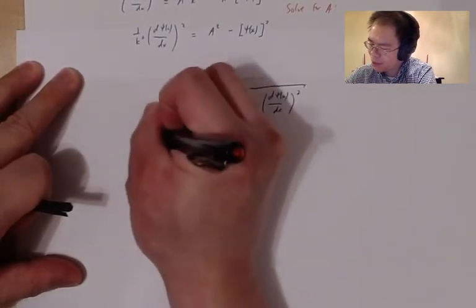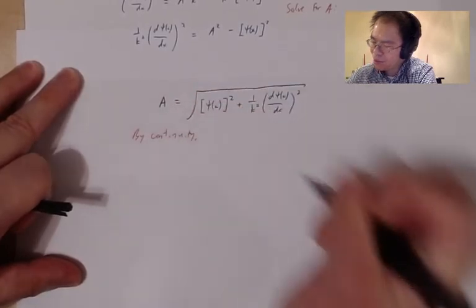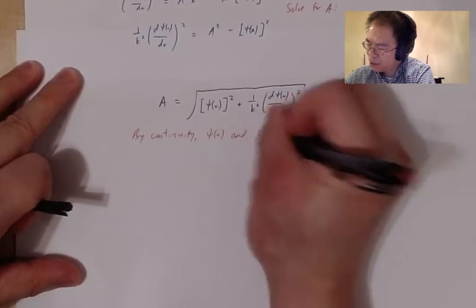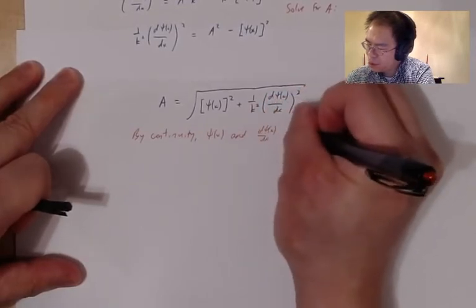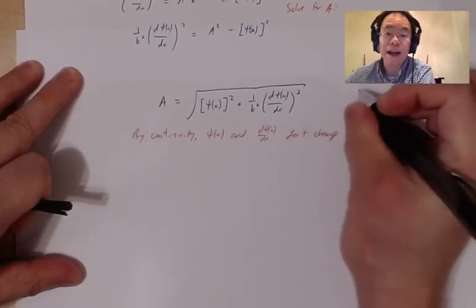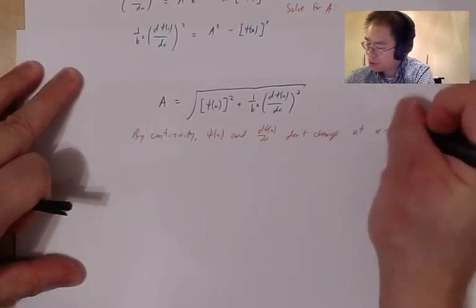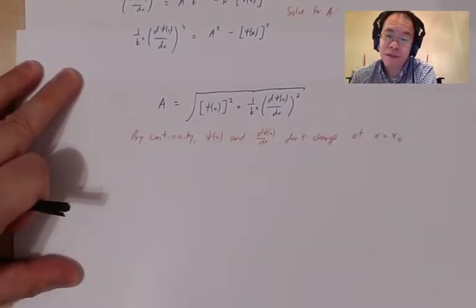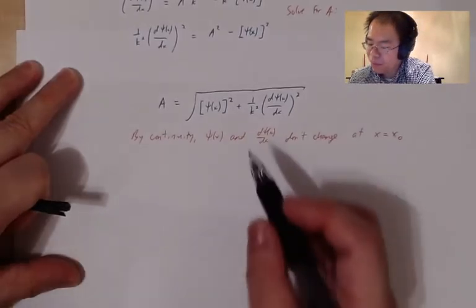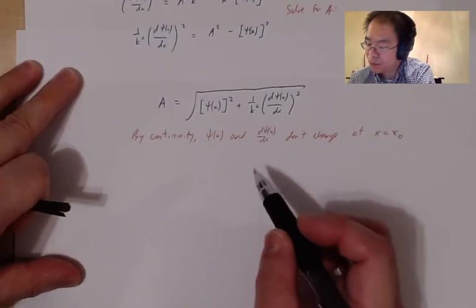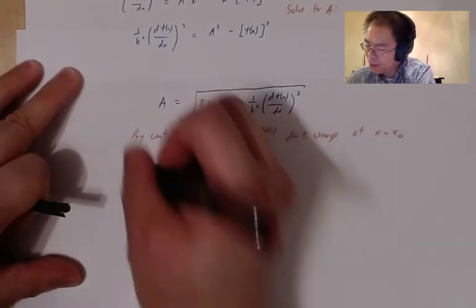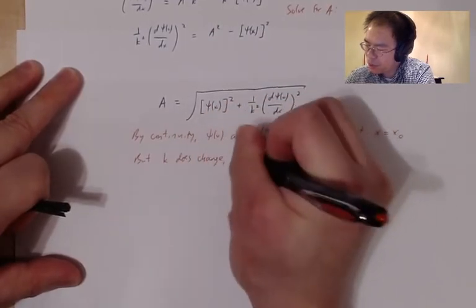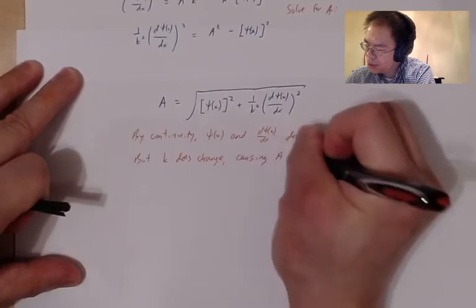By continuity, psi of x and d psi dx don't change at x equals x naught. We suppose that the amplitude does. But then the only thing that can cause the amplitude to change is k. But k does change, causing A to change.